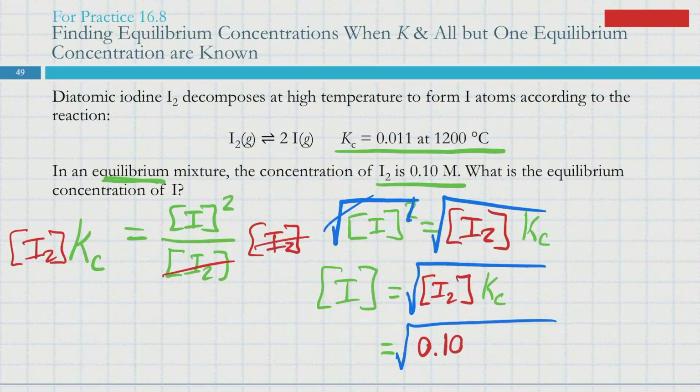Plug our numbers in, put it in the calculator, press enter. So I got a value of 0.032 molar for the concentration of monatomic iodine.